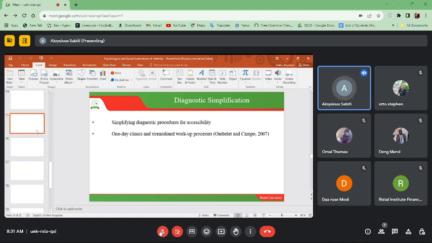However, in African countries, what is easier to access is actually the diagnostics, but what is hard to access is the therapeutics. So we need to simplify the procedure for diagnosing people, it needs to be accessible.